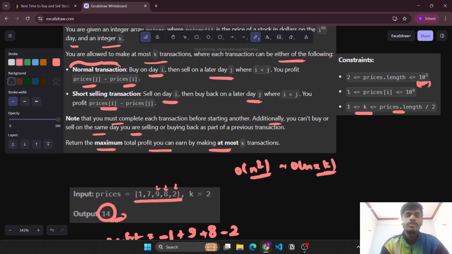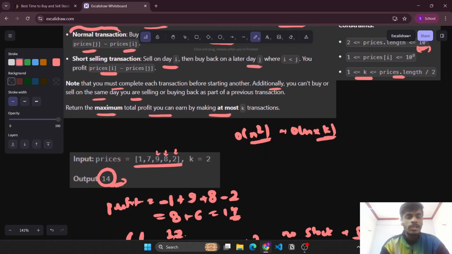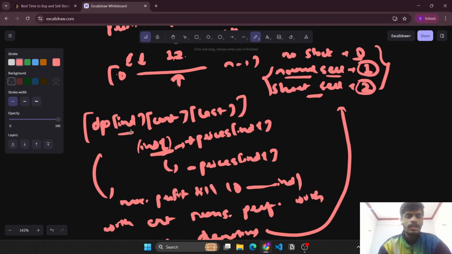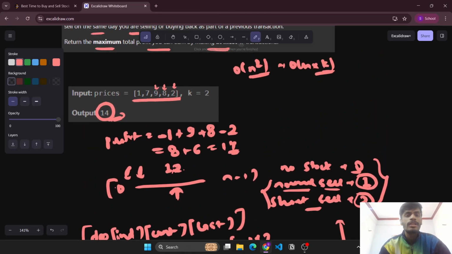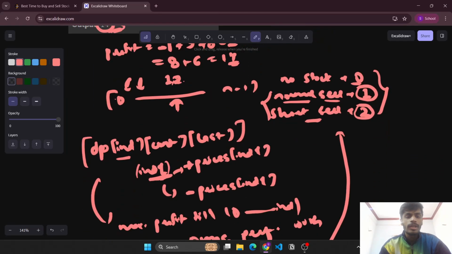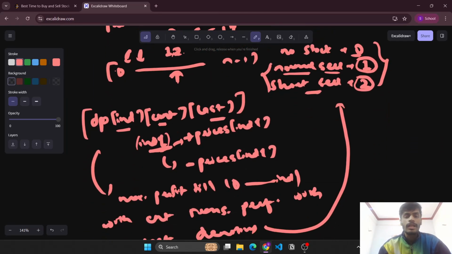So that's why we saw what states are changing here. The index will definitely change, and the number of transactions already performed will change, because there is a constraint that we can use at most k transactions. So this count will change, as will this last.